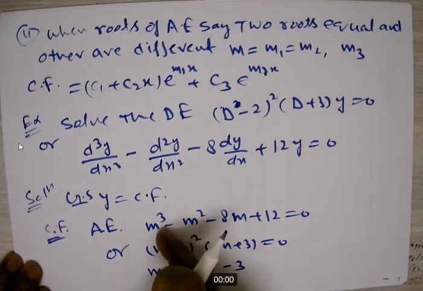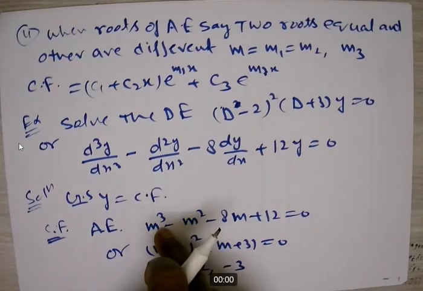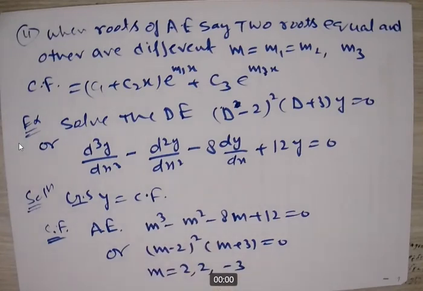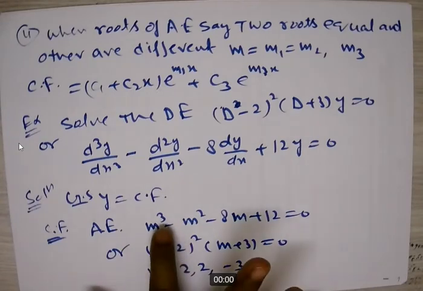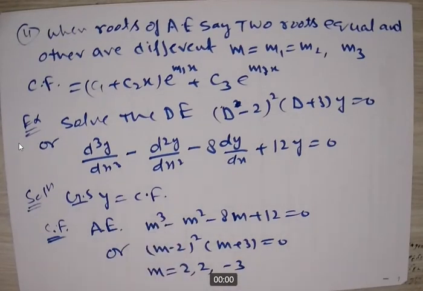If you use your calculator, please be aware that it gives you m equal to 2 and minus 3, but one root should be repeated because of the third degree. Degree third means you have to write 3 answers, so m equal to 2, 2 and minus 3. Please be aware of that.